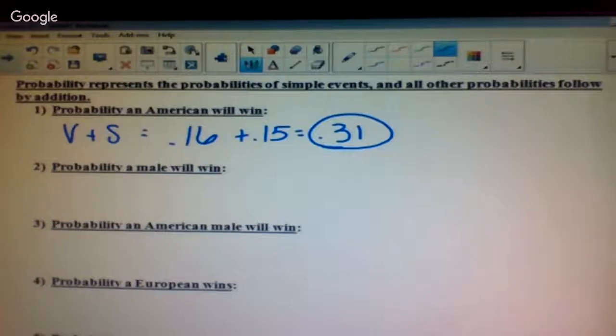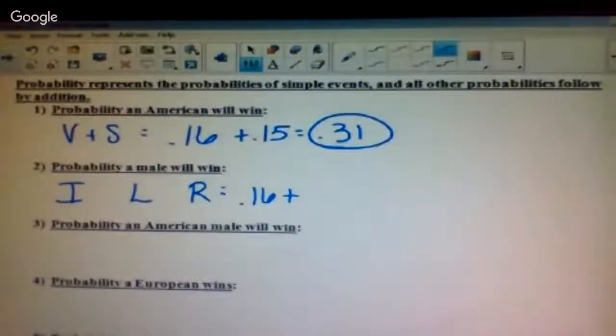What's the probability that a male will win? Ivan, Leighton, and Roger. Ivan's probability is 0.16, Leighton 0.20, and Roger 0.25. That gives 0.61.